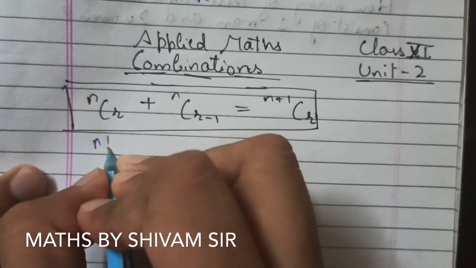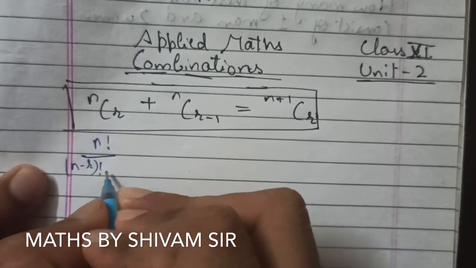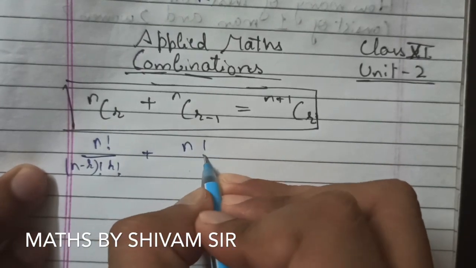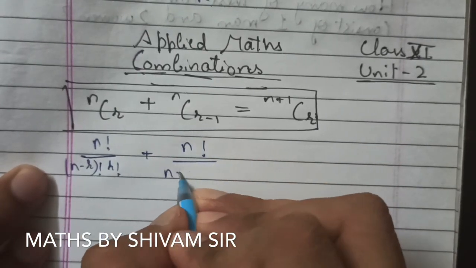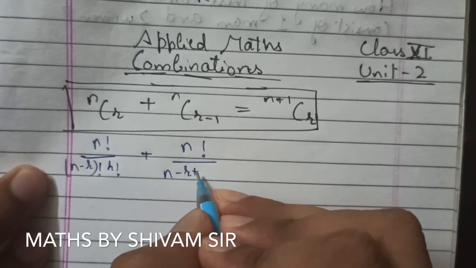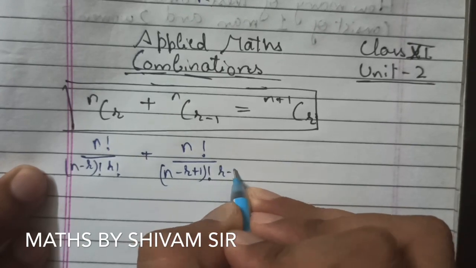nCr means n factorial upon (n minus r) factorial r factorial, plus n factorial upon (n minus (r minus 1)) factorial, (r minus 1) factorial. Minus minus 1 means plus 1, so (n minus r plus 1) factorial, (r minus 1) factorial.